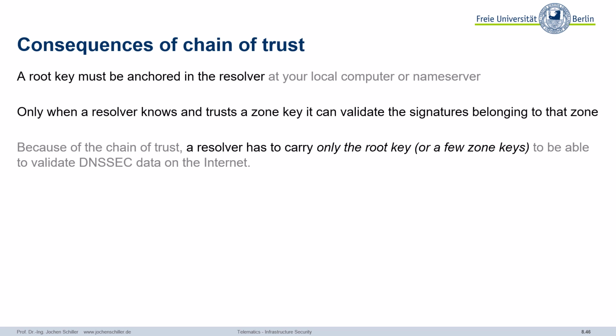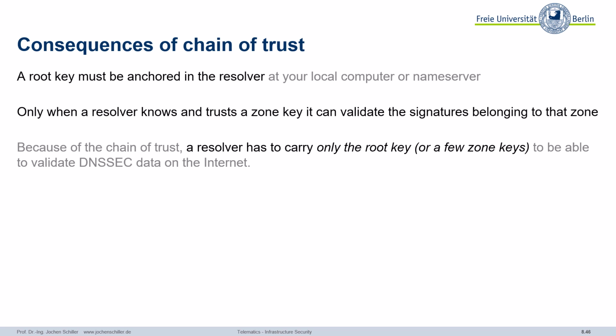So when a resolver knows and trusts the zone key, then it can validate the signatures belonging to the zone. So you know the key, you have to know it, and you trust the key, and then you can check all the signatures with the key, and I can trust them.